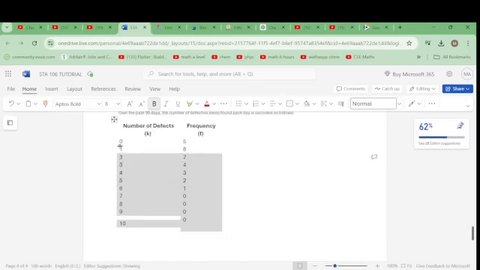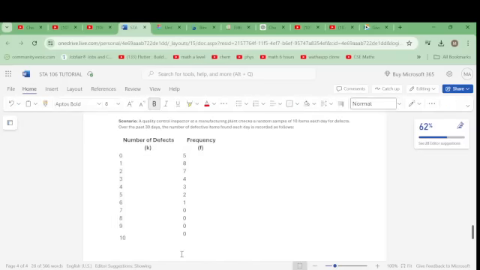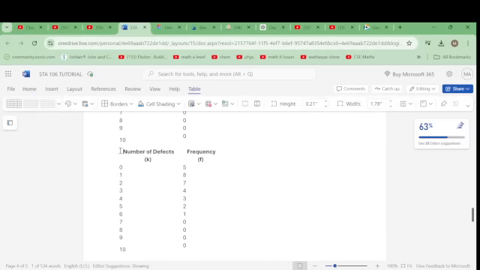So after getting this data, we will be creating two more columns, right? So we create another table. This is the f of x, the function of x, which is just the probability of x, P of X equals x, and it has its own formula.